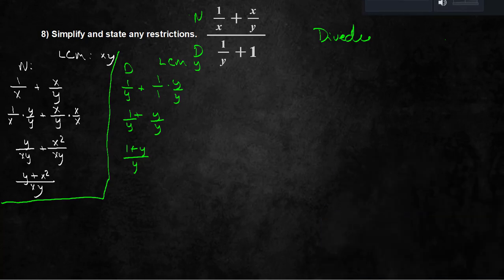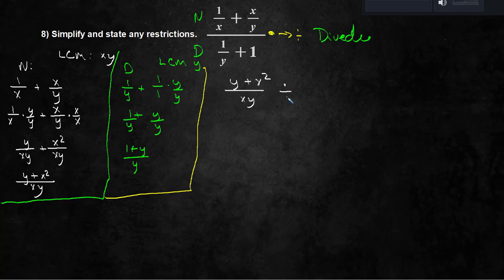And so now we're going to divide. When we divide, we're going to rewrite it as a division outside of this. And so we're going to change this sign into the division sign. So it's our numerator, which we have already combined and found out that that is y plus x squared divided by xy, divided by our denominator, which was 1 plus y over y.